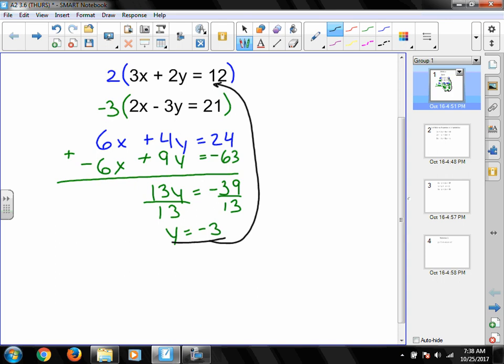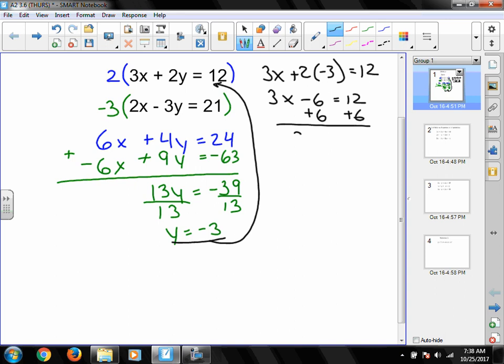When I plug this back in, I get 3x plus 2 times negative 3 is equal to 12. I get that 3x minus 6 is equal to 12. Add this 6 over. I get that 3x is 18. And I divide by 3 on both sides. I get that x is going to be equal to 6.